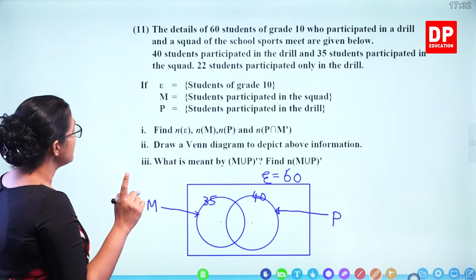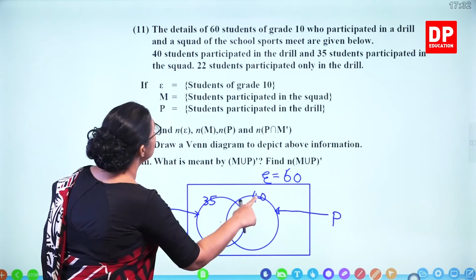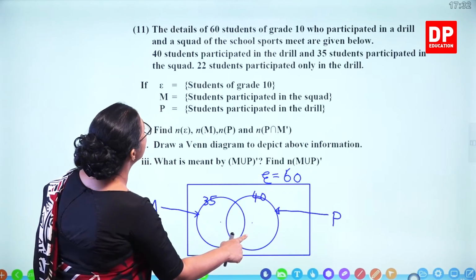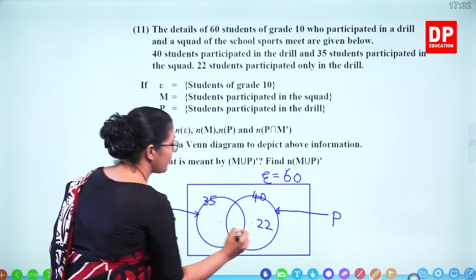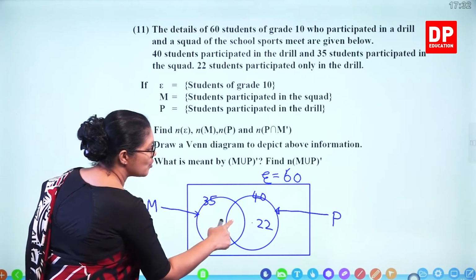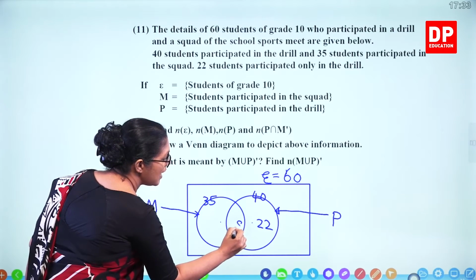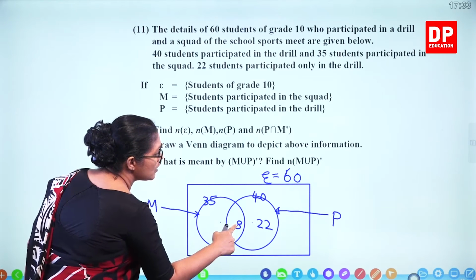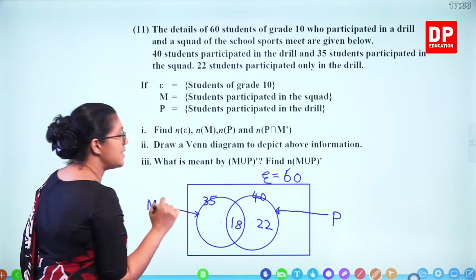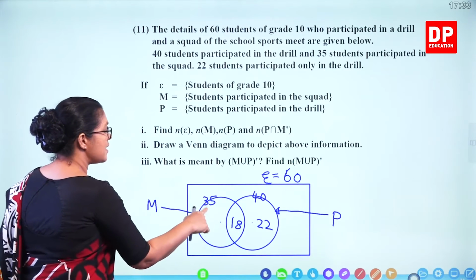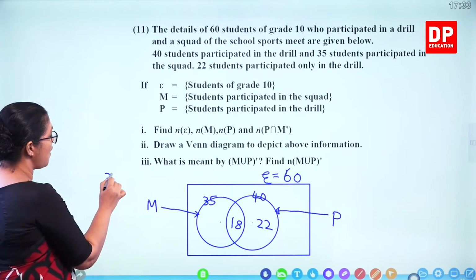So drill is P, only in the drill, that's 22 here. So 40 minus 22 you get here because the circle is 40. So you get 18 there. If this is 18, what is this number? 35 minus 18?